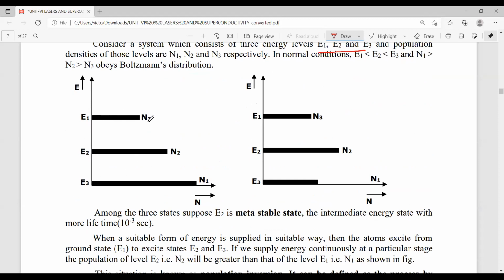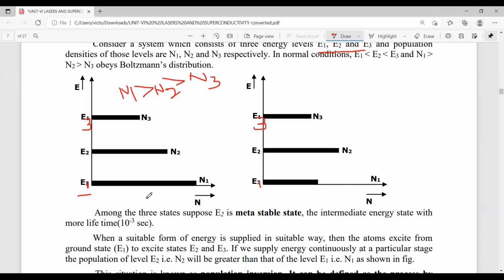Here this is E1, E2 and this is E3. Actually, the number of atoms present in the E1 energy level is more, and next E2 and next E3. That means N1 is greater than N2 greater than N3.